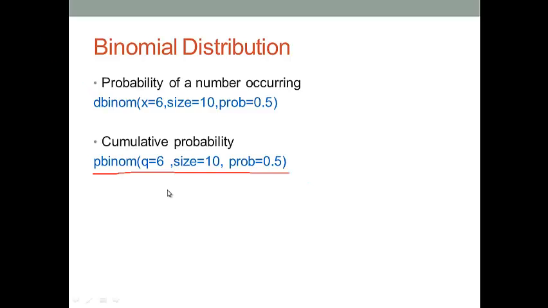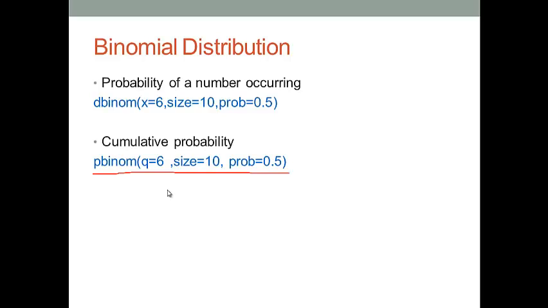In our case, by using pbinom, we want to calculate the probability of getting 6 heads among 10 coins, the probability of getting 5 heads among 10 coins, and so on and so forth, until we finish the calculation of getting no heads among 10 coins. And then we want to add those probabilities together.